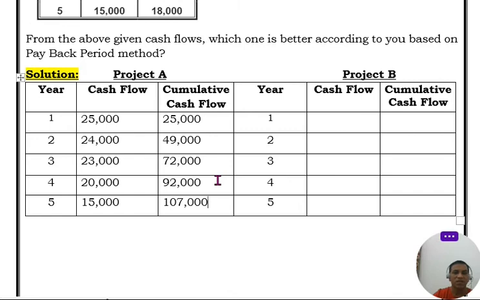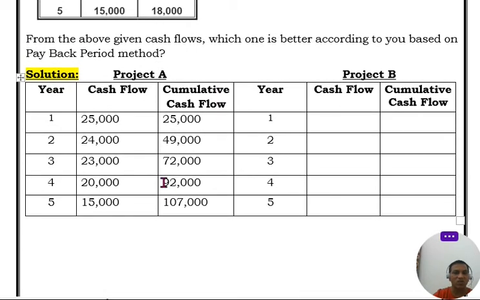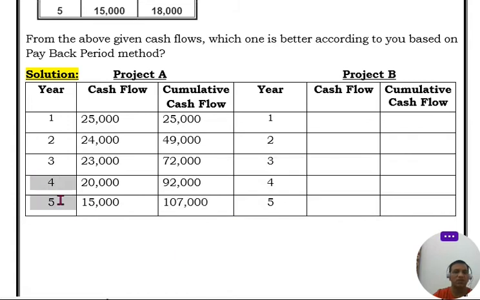That means your cost of the project, 100,000, is recovered in between 92,000 and 100,000, that is, between year 4 and 5. So 4 full years, and part of the fifth year. How much is the part? We will see by applying the formula.